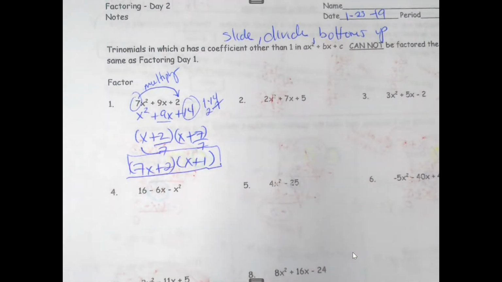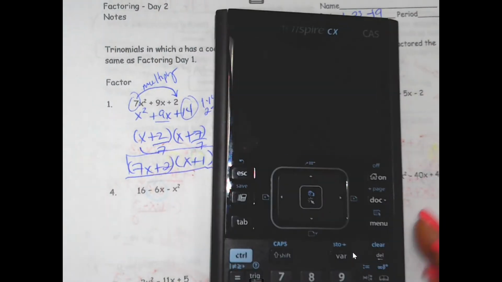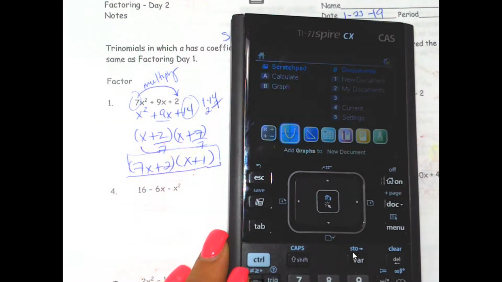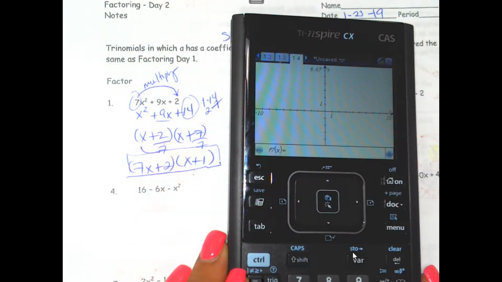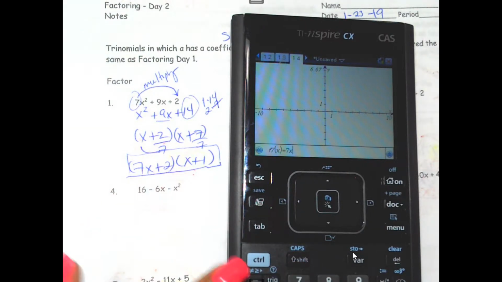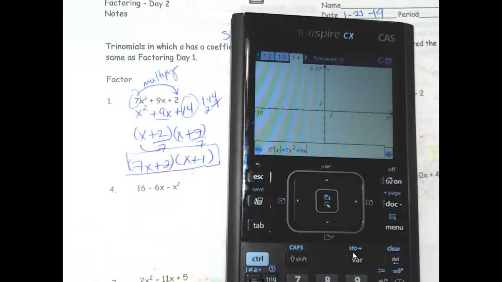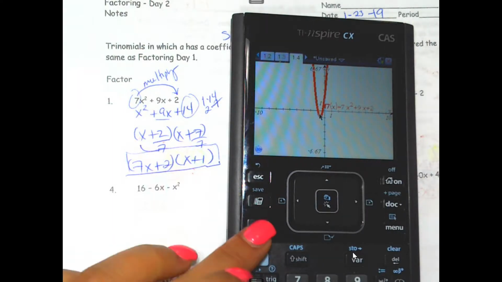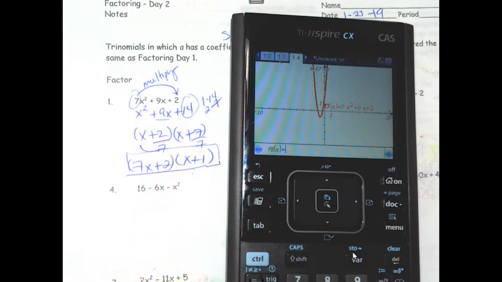Because it's a lot of steps, make sure you check your answer. You're going to do this by going to a graph, plugging in the original problem, 7x squared plus 9x plus 2. Then tab, you're going to graph your answer.